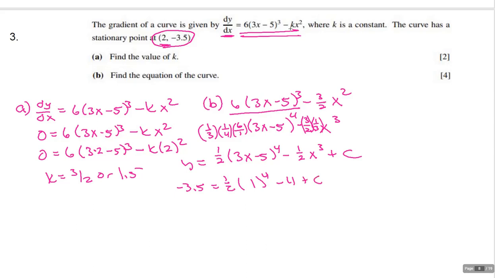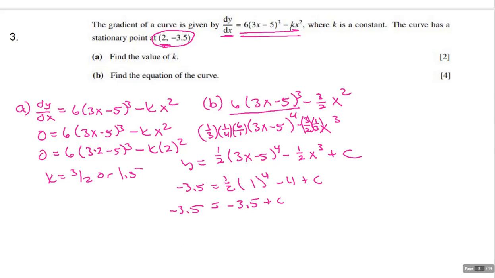And so you can see how this is going to end up being negative 3/2, right, this is going to be 1/2, 1 to the 4th times 1/2 is going to be 1/2, 1/2 minus 4, so that's going to be negative 3.5 is equal to negative 3.5.